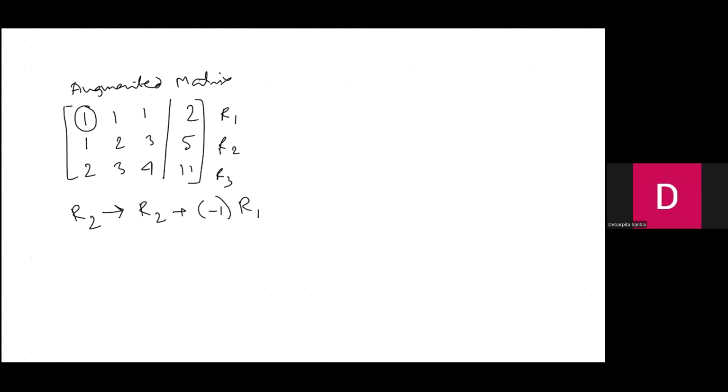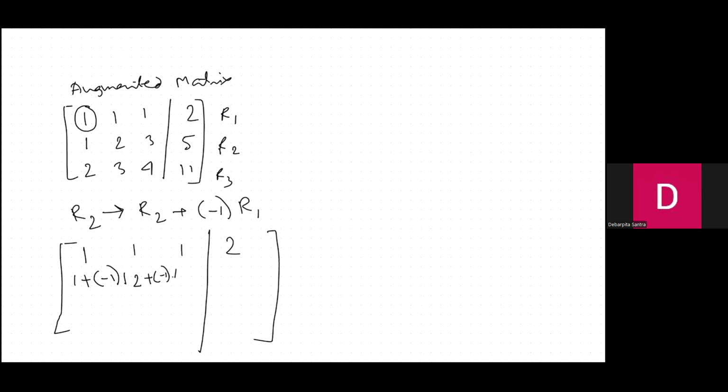So the first row, 1, 1, 1, will remain unchanged. In the second row, 1 plus minus 1 into 1 is 0. Second one, 2 plus minus 1 into 1 is 1.